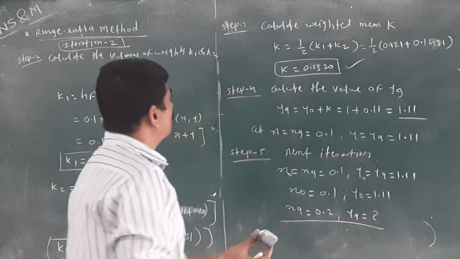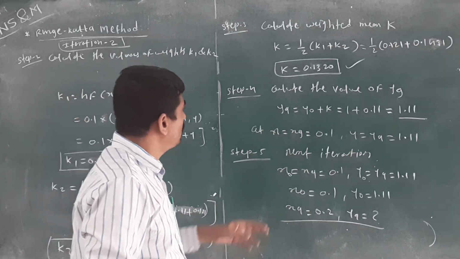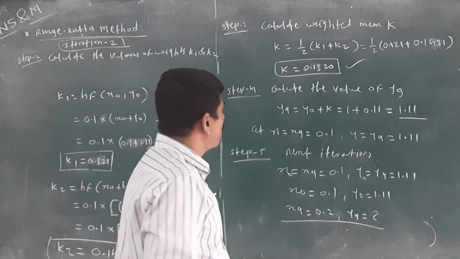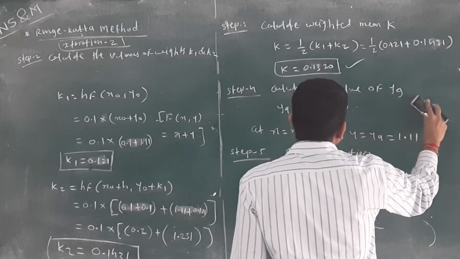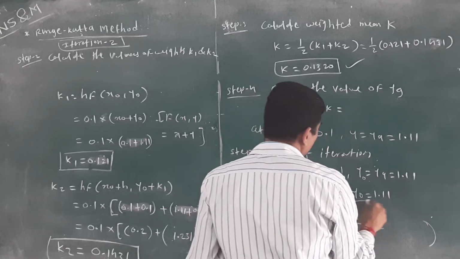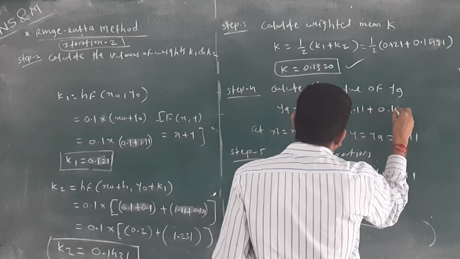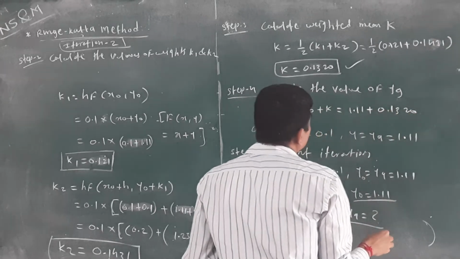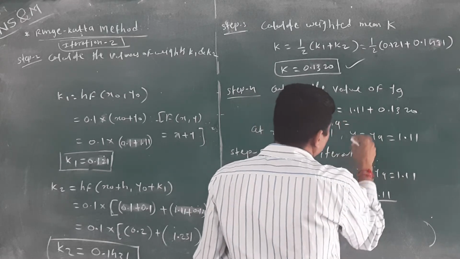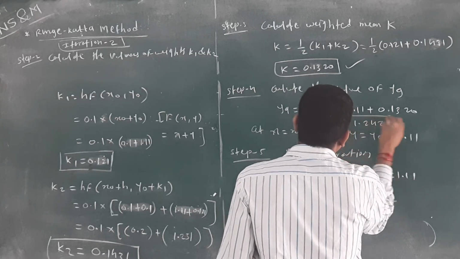Once you have got the weighted mean, after that you have to calculate the value of Yg. You know the formula: Yg is equal to Y0 plus K. What is the Y0 value again? We know that 1.11 plus K, 0.1320. Then what is the value of Yg? If you calculate, Yg is equal to 1.242.